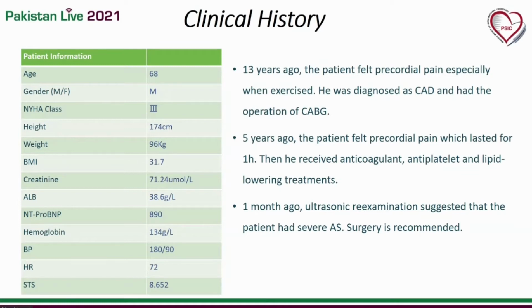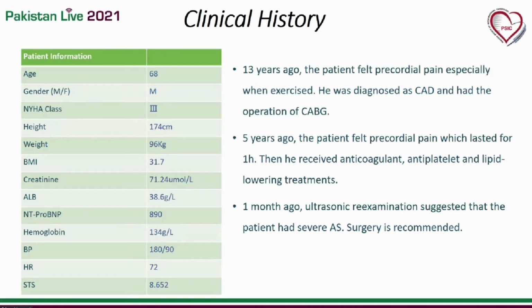He was given more medical therapy for the coronary heart disease. His exercise capacity gradually declined. About 1 month ago, he had an echo in a local hospital, which showed that the aortic valve is severely stenotic. A valve replacement was recommended.